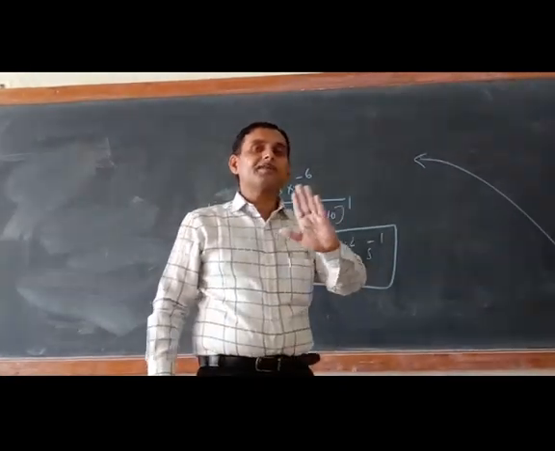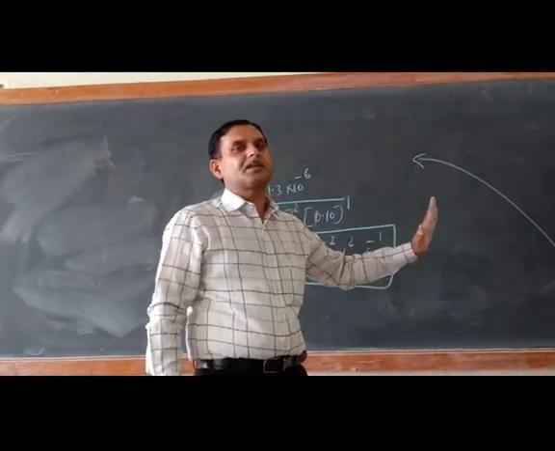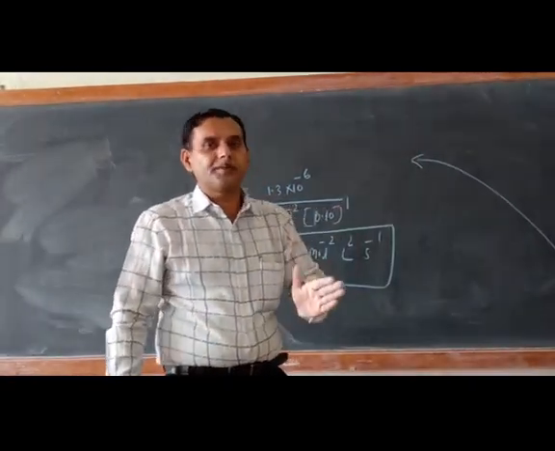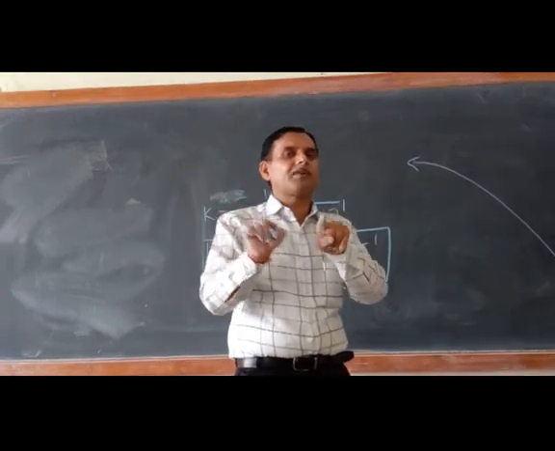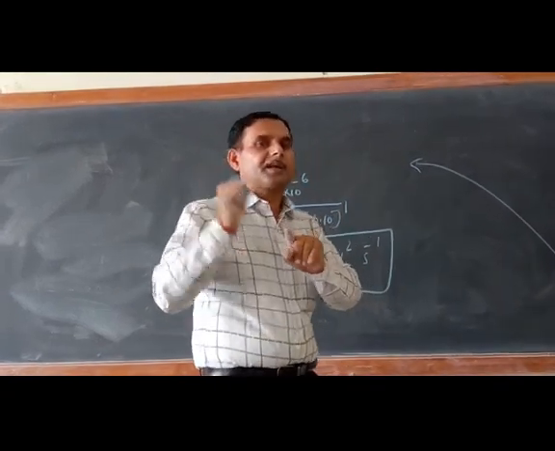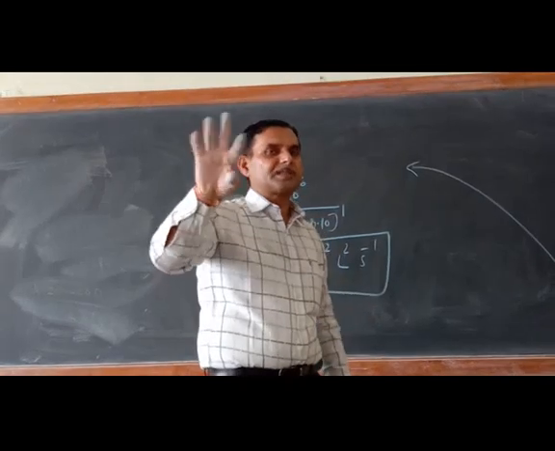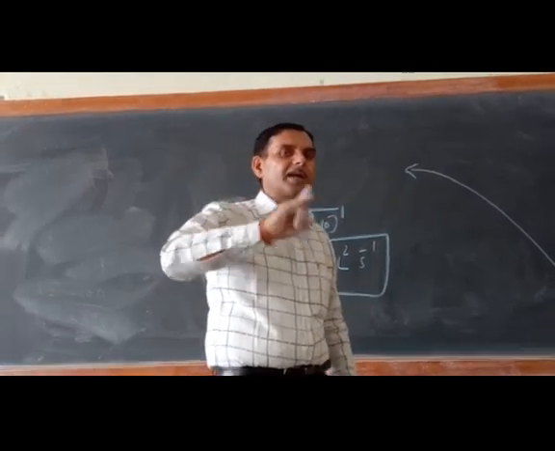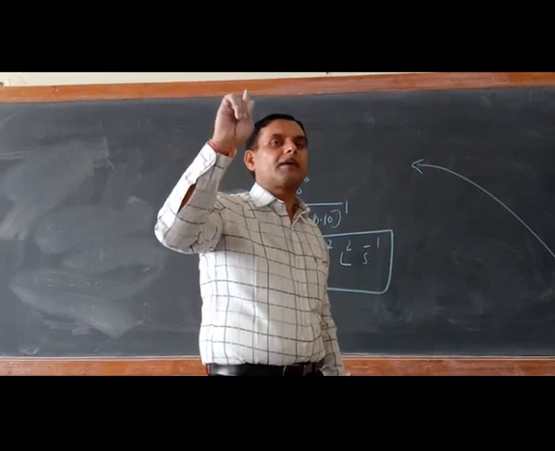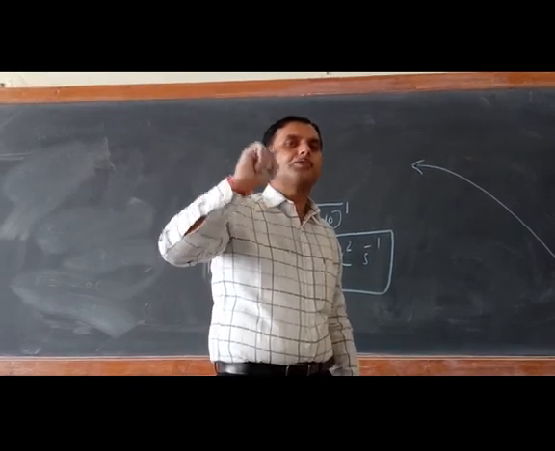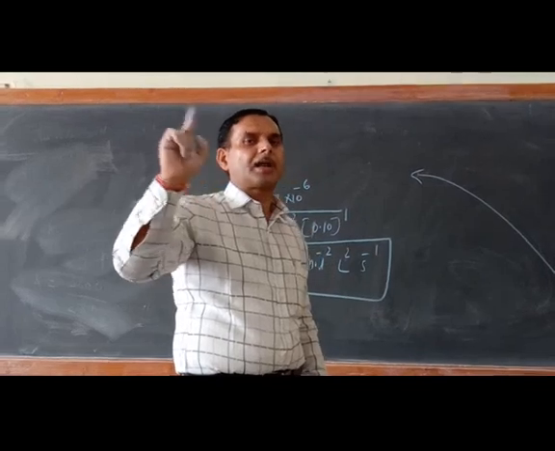Means in one division, one expression should be cancelled out, but the second one should remain. So while selecting the equation or experiment for division, you should be very careful, so that at once you get the value of either P or Q.